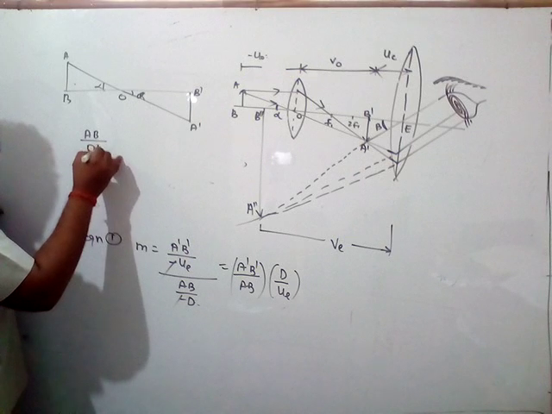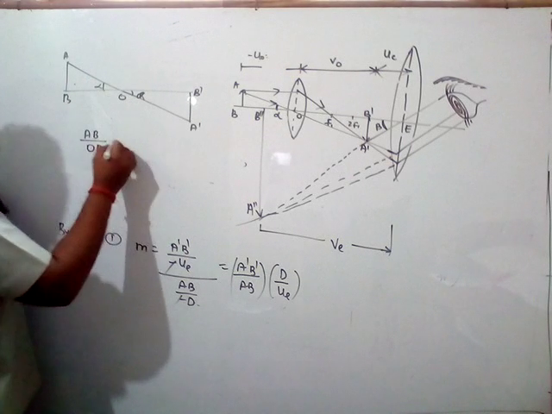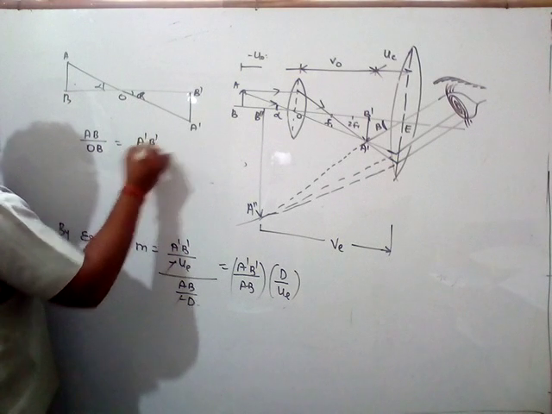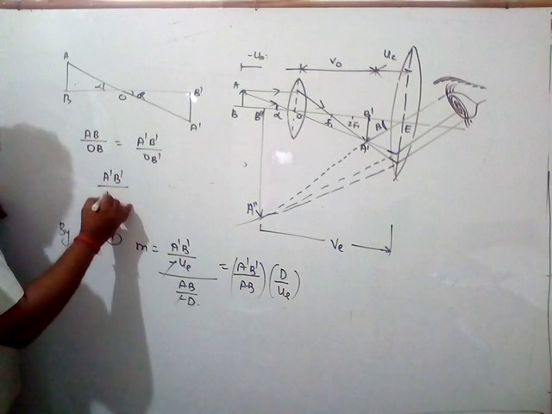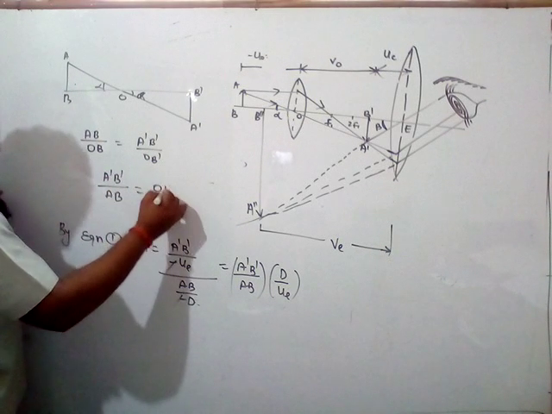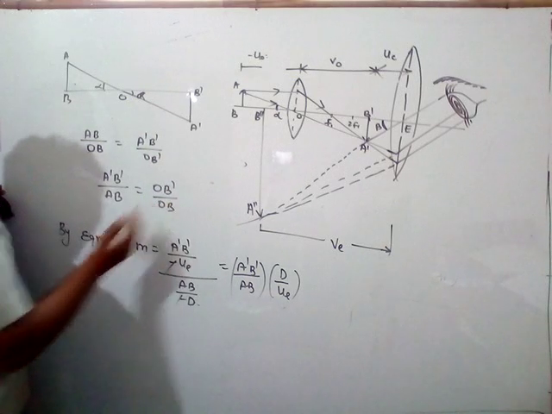Using the similarity theorem in both triangles, AB upon OB is equal to A'B' upon OB'. So A'B' upon AB is equal to OB' upon OB.